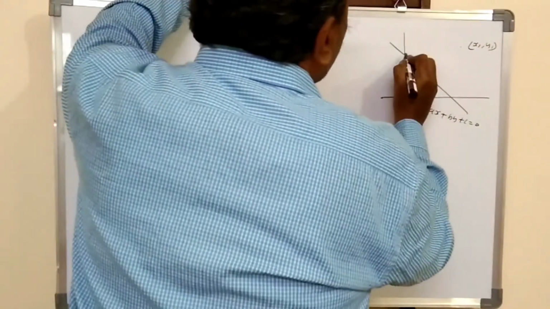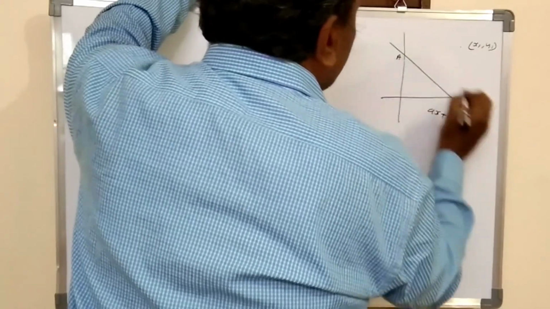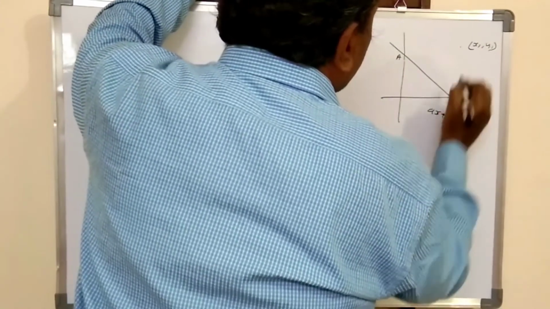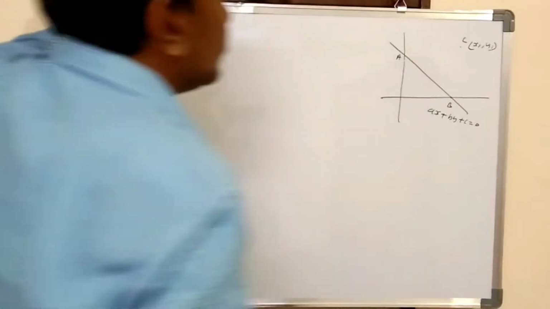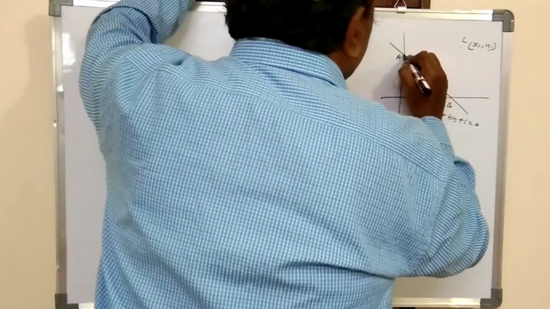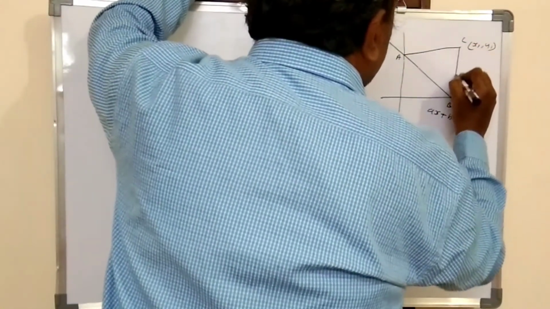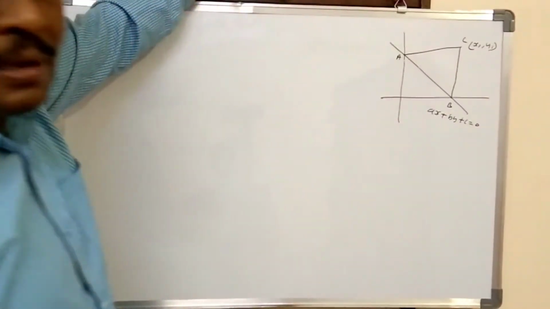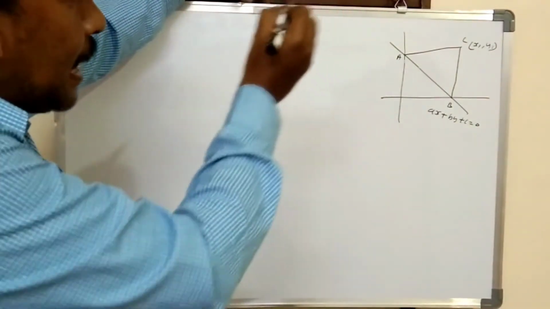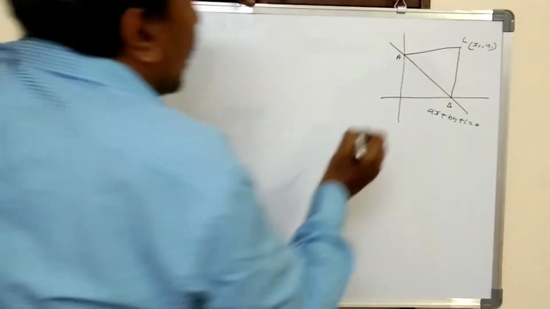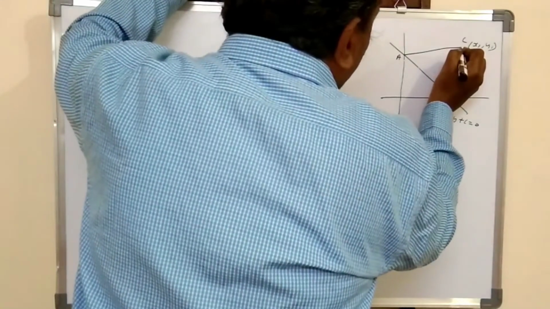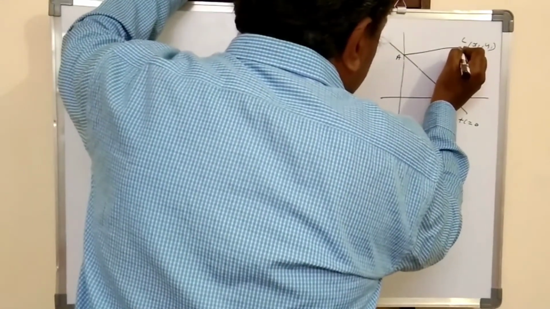You take this point as A and this point as B and this point as C. Join AC and BC. So what did you observe? It formed a triangle.